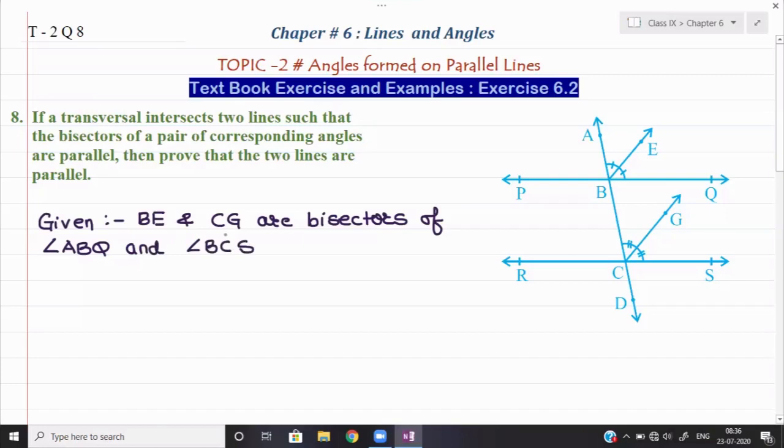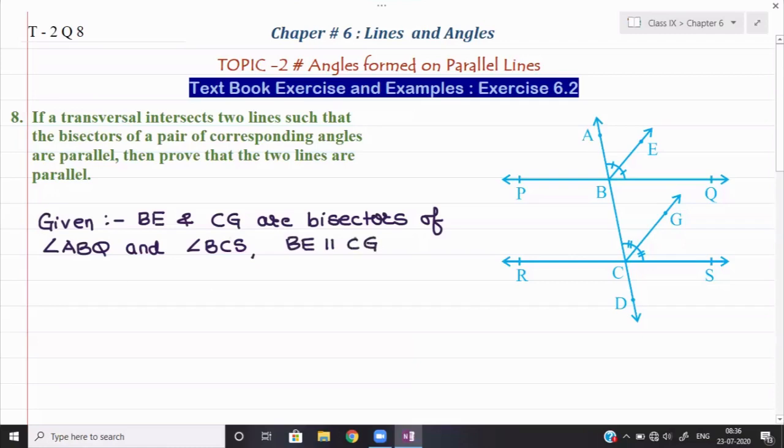These two corresponding angles are given in the question. They are saying that these two angle bisectors we have drawn are BE and CG. The second thing given in the question is that BE and CG are parallel. This is the second given.